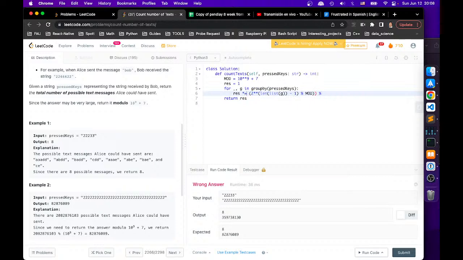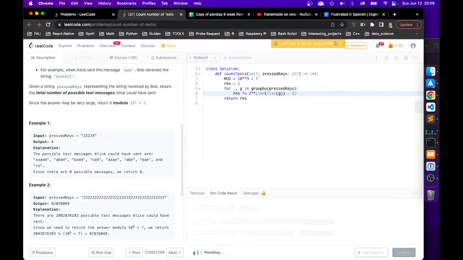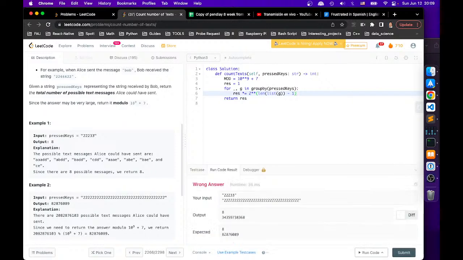Hold on. Times 2, that's not mod. Let's just do this. Yeah, it's not right. It's supposed to be this value, but we got this value. So no, it's wrong.